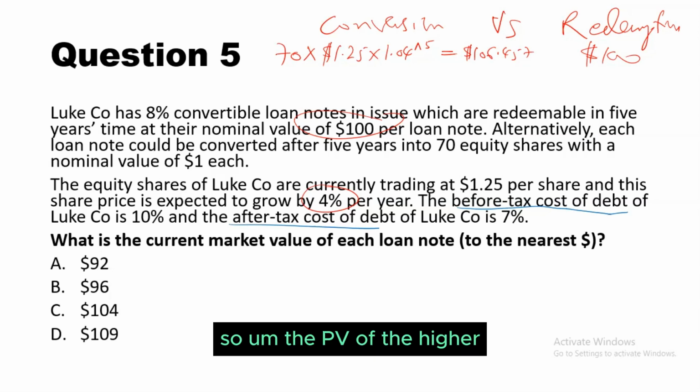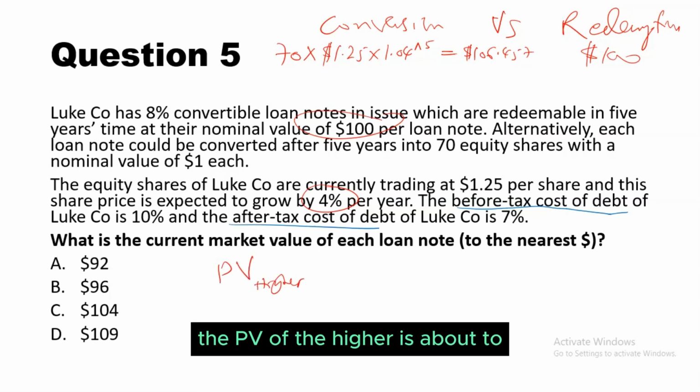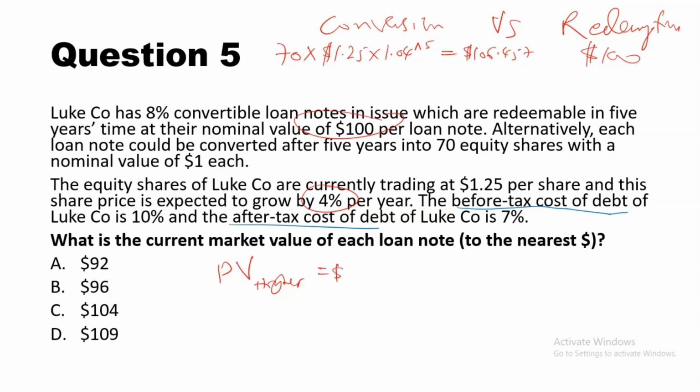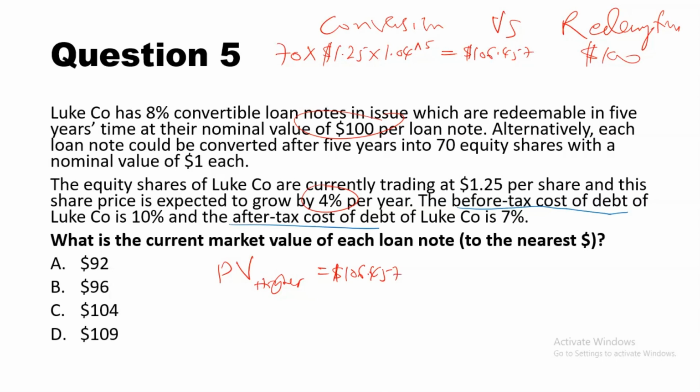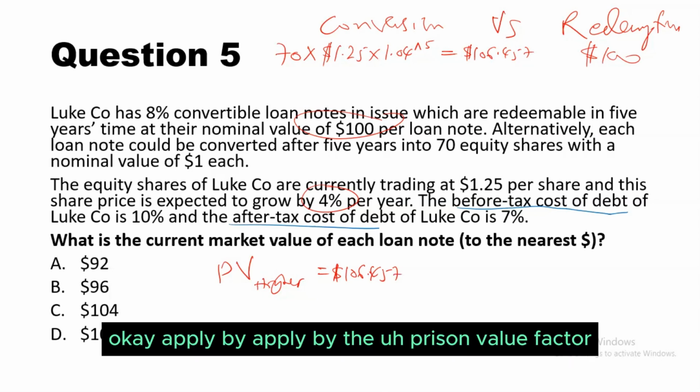So the PV of the higher is equal to $106.457, multiplied by the present value factor.